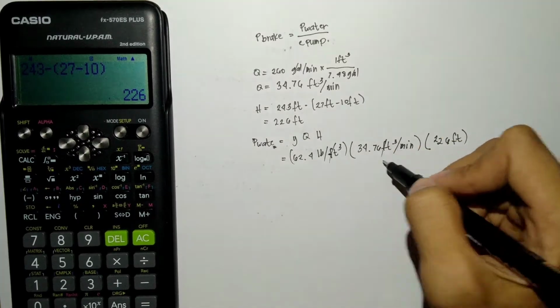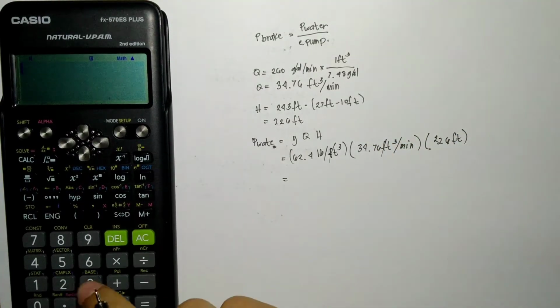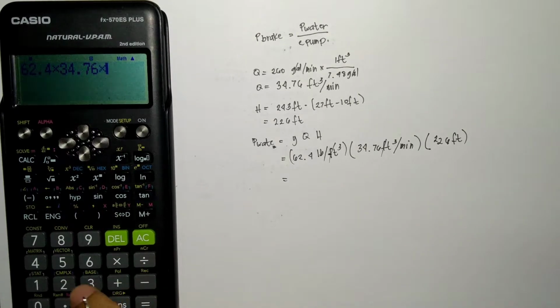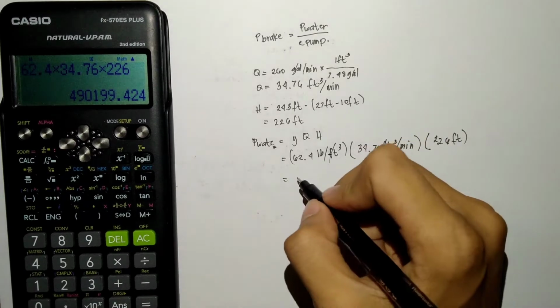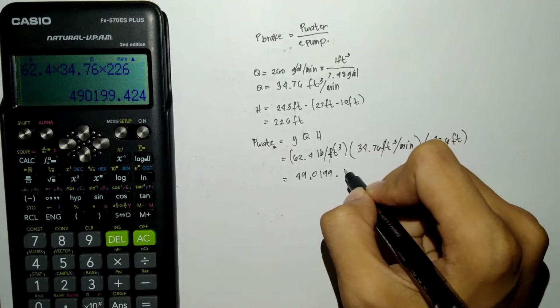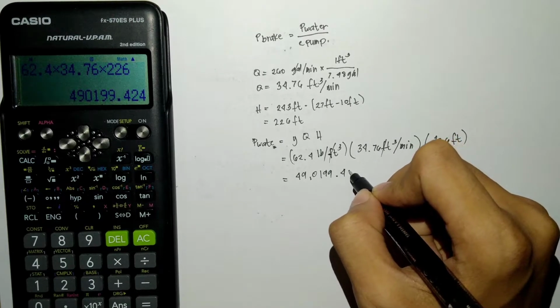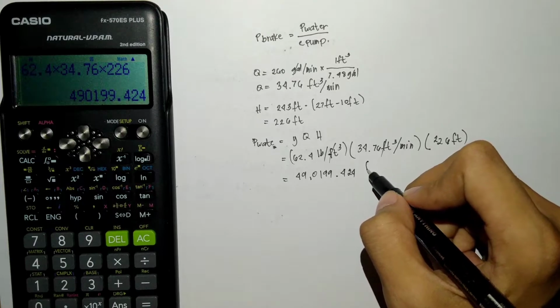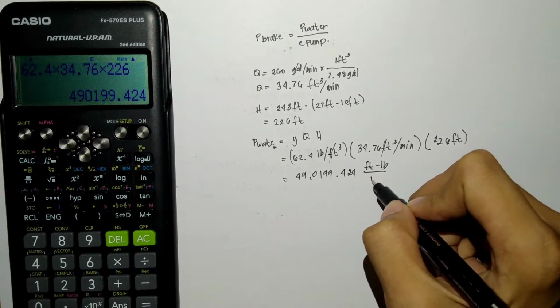So cancel, we have 62.4 times 34.76 times 226. We have 49,199.424 foot pound per minute.